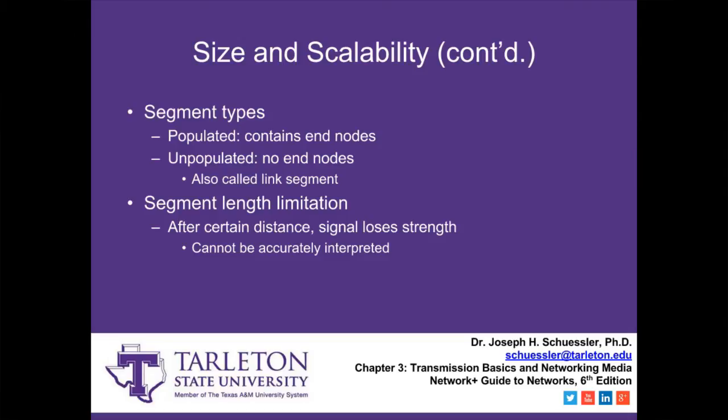This requires retransmissions to occur, which takes up more of the bandwidth from your segment, so it can create a problem. If it's less populated, it's going to be less of a problem. And then segment length limitation. After a certain distance, the signal loses strength, so you can't really accurately send and transmit.